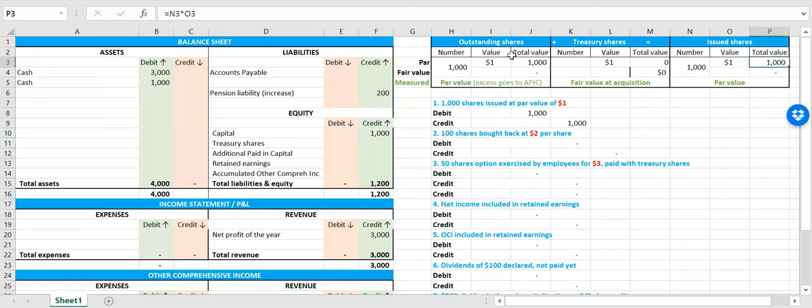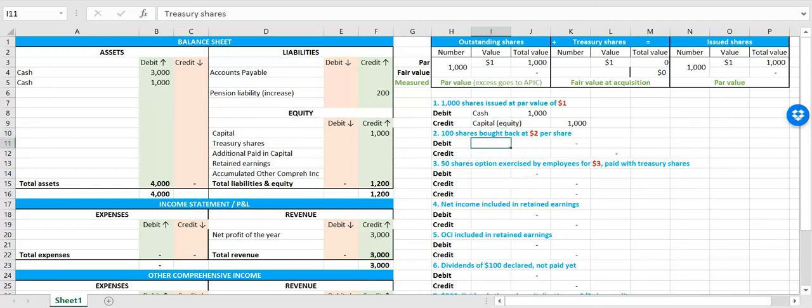Okay, so 1,000 shares at $1 is 1,000 total outstanding shares. We don't have any treasury shares yet. Those are shares of the company that the company itself buys. So our total of issued shares is thousands, which appears here. So it's debit cash, we're receiving cash against credit capital.